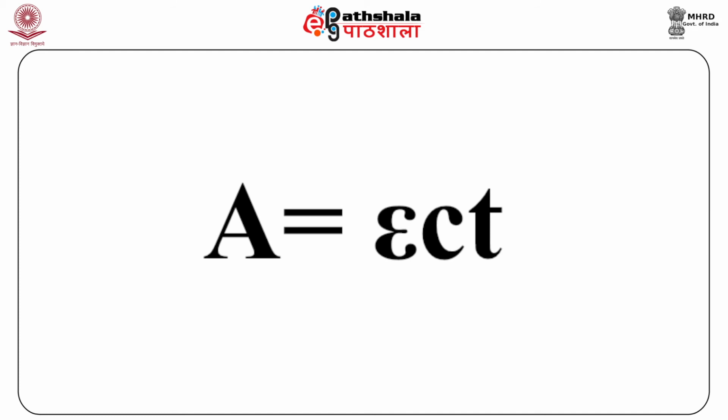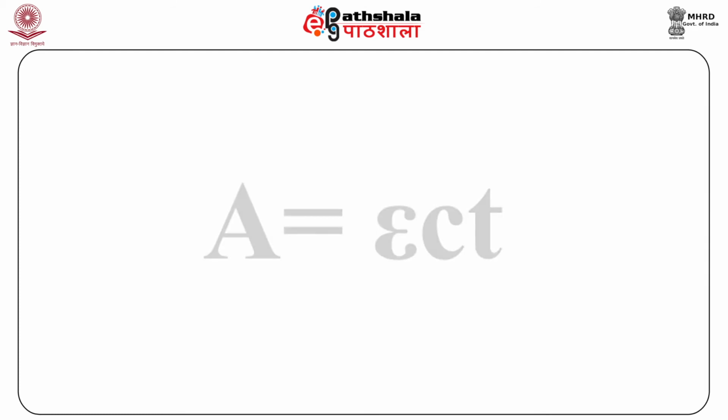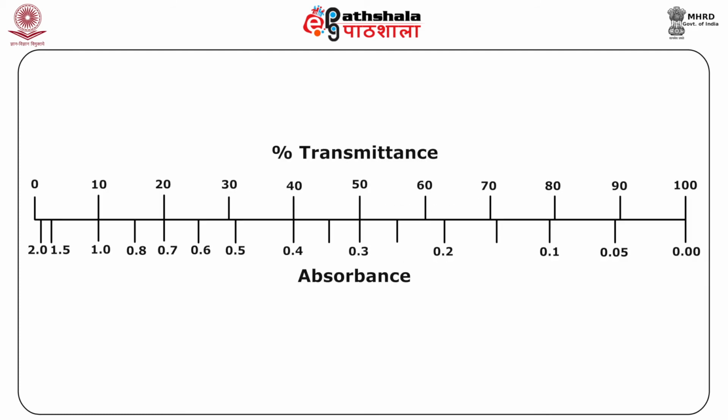C represents the concentration of the given solution in moles per liter. t is the path length, normally 10 millimeter or 1 centimeter. Absorbance is a dimensionless quantity.